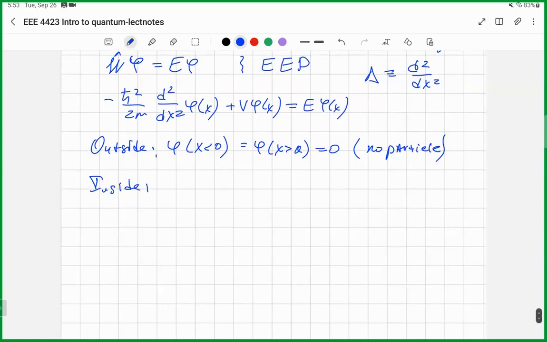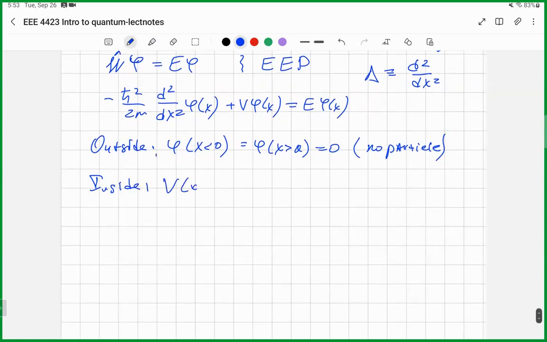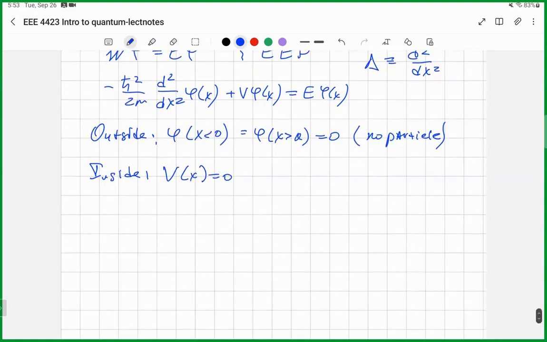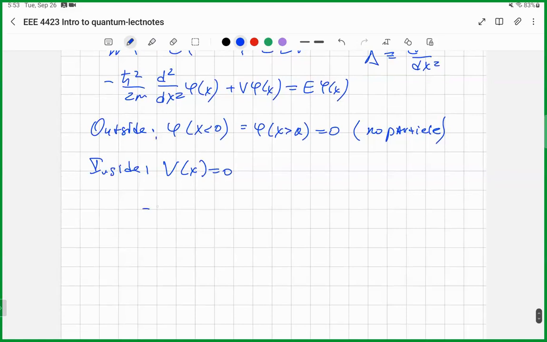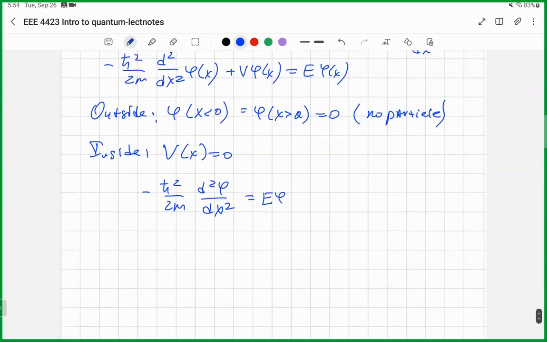Okay, so inside, the potential is equal to 0, and this equation is simplified even further. We are going to get minus h bar squared over 2m d2 phi over dx2 equal to E phi.